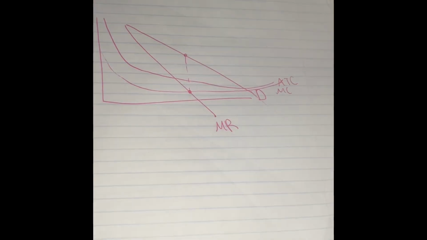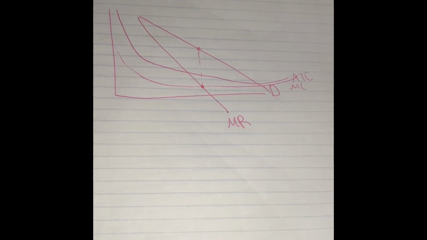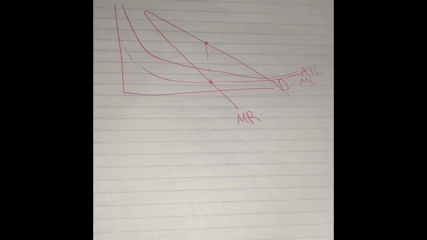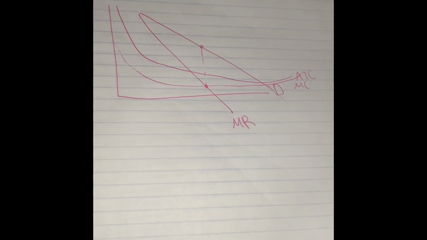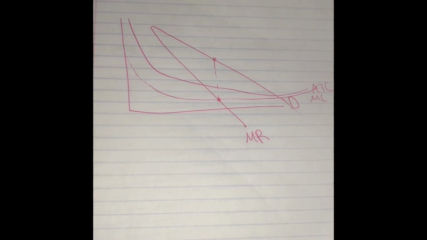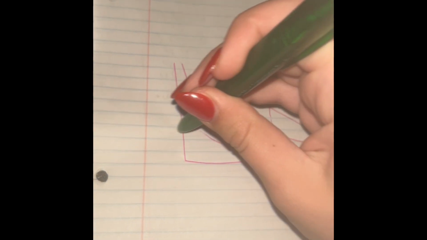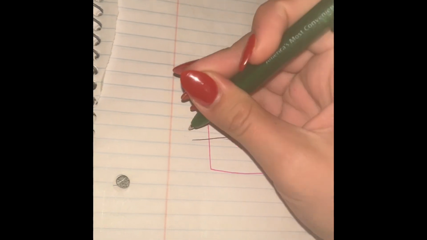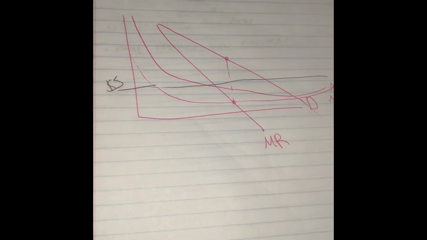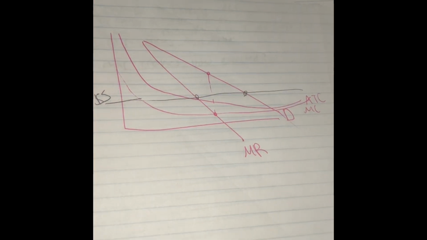So for this graph, it can be a regulated monopoly if there were to be a price floor or a price ceiling on the monopoly, and then a government could put something on it like that, and the monopoly is allowed to exist but has to follow those regulations, and that would look like they put a price floor at, let's say, $5, and they can only charge that amount for consumers.